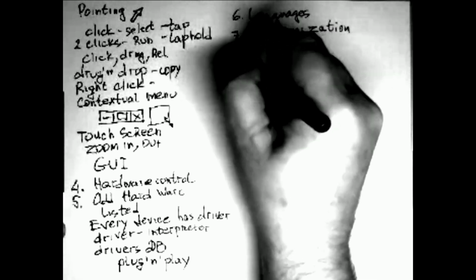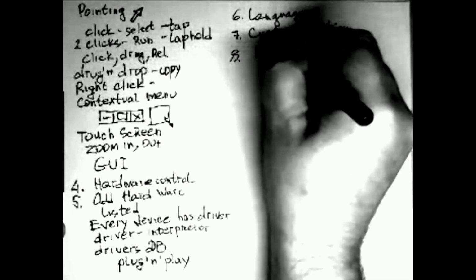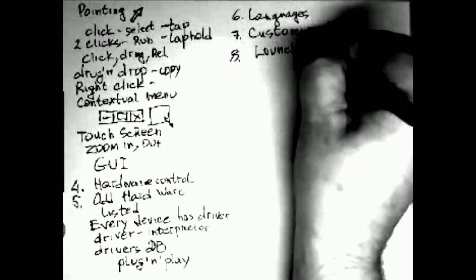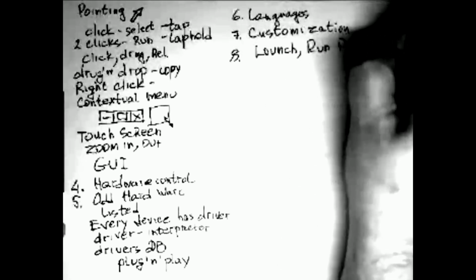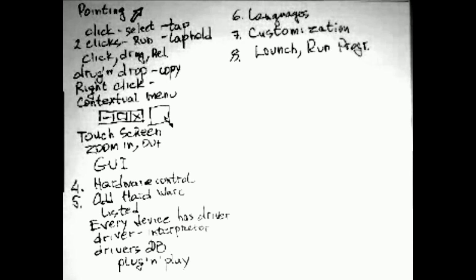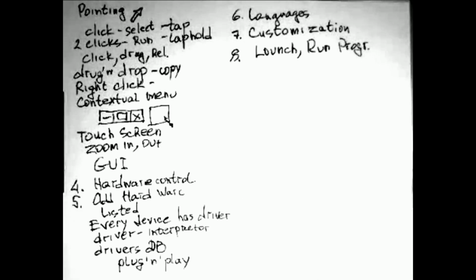The most important function, folks, number 8, is to launch and run programs. So when you get the computer from the manufacturer, this computer usually has only the operating system and small programs corresponding to the customized operating system.